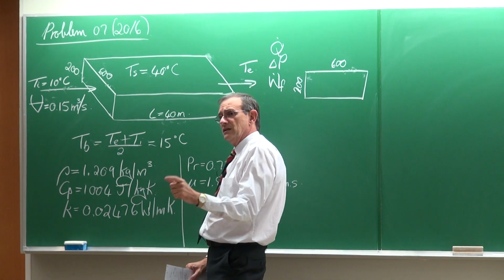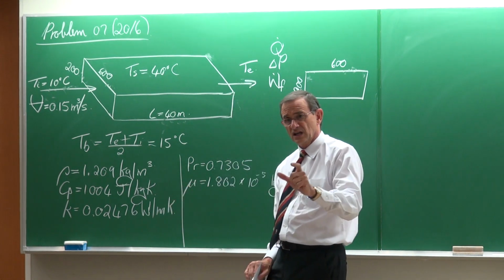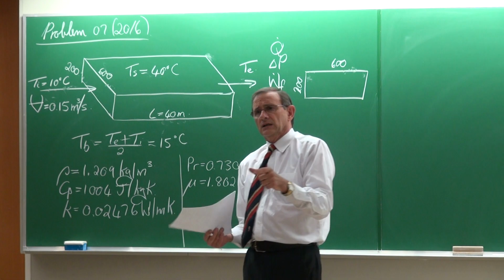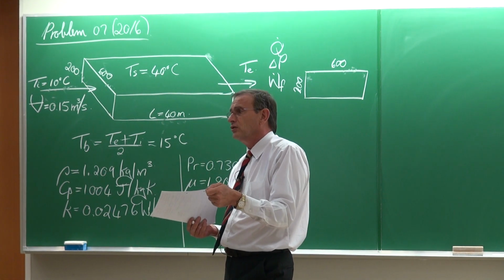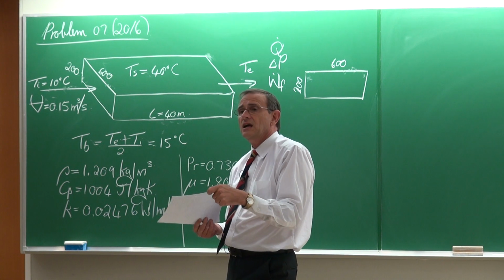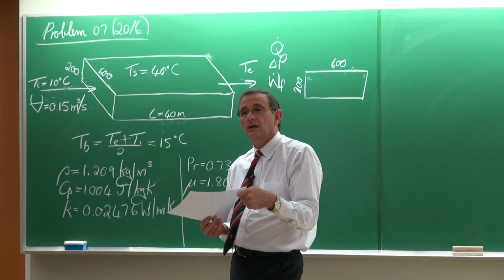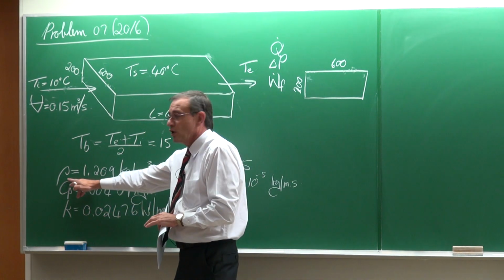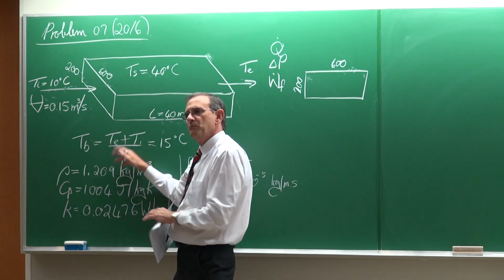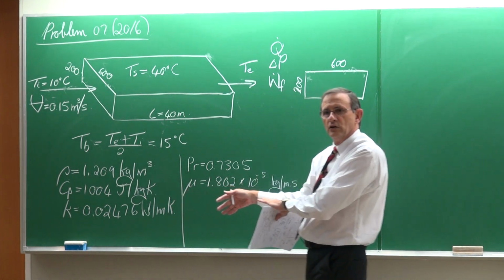The reason is that in your textbook, Cengel and Ghajar, there's actually a CD-ROM or something in it with the program EES. It's a very helpful tool in the sense that you can just specify rho for air at that temperature and it will calculate all the values for you.